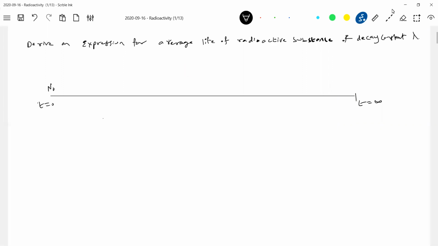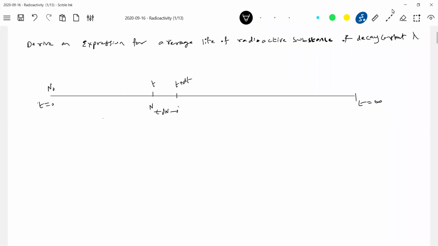So at any instant of time, somewhere here, at t, the number of nuclei will be N, and in a small interval of time dt, some dN nuclei will undergo disintegration. At t equals 0, let the number be N naught.